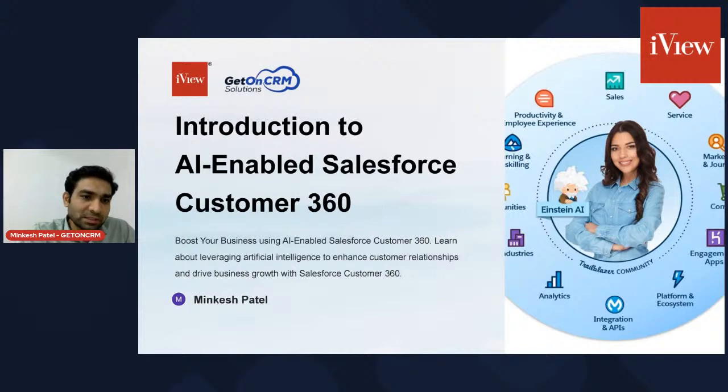So Customer 360 means you have different systems. For sales you are using, let's say, X system. For service you are using Y system. For marketing you might have another tool, let's say Mailchimp or any other tool to send emails.